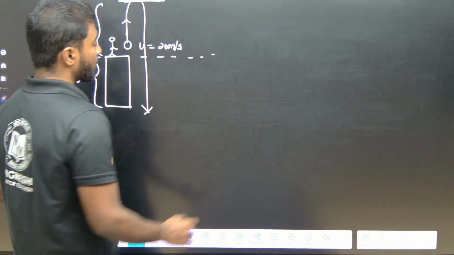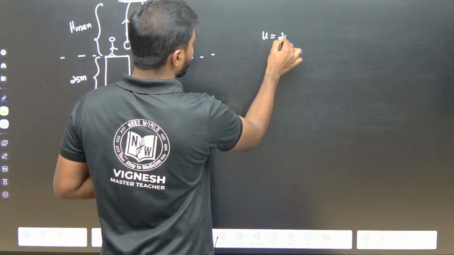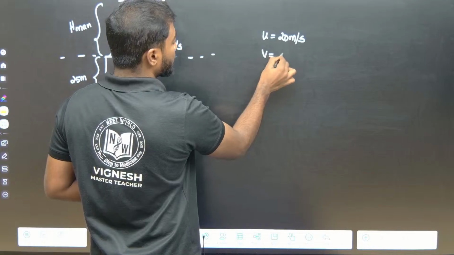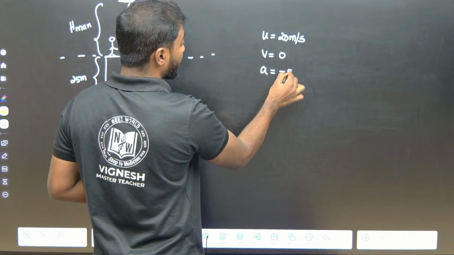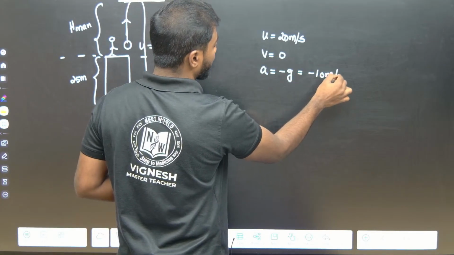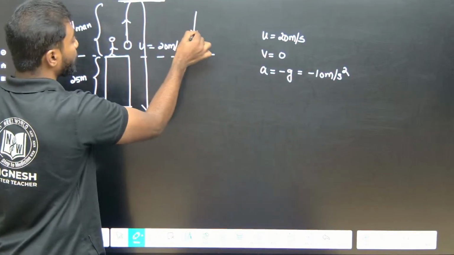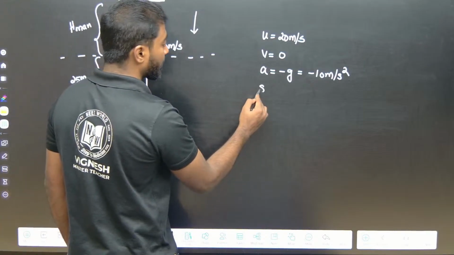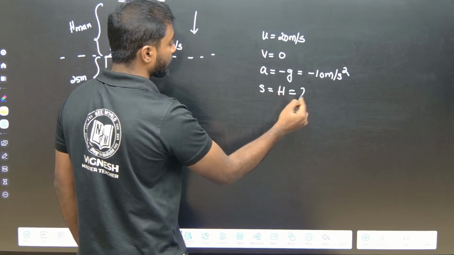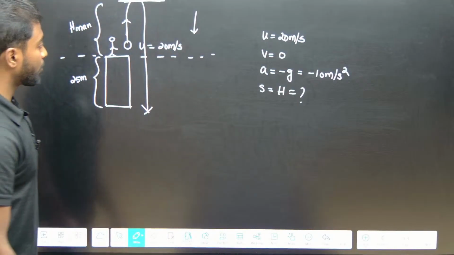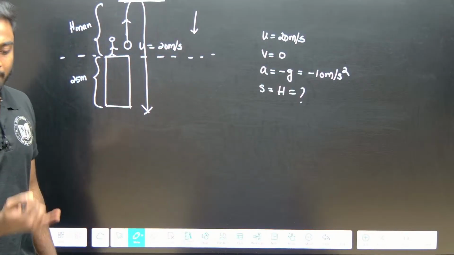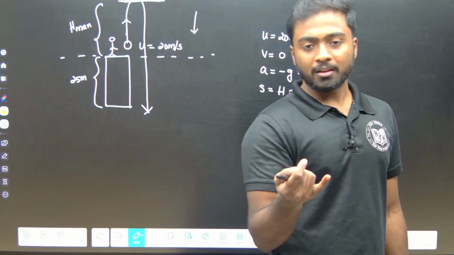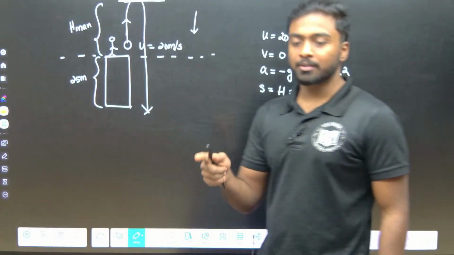u is equal to 20 meter per second, v is equal to 0, a is equal to minus g, which is minus 10 meter per second square. Why minus? Because I am throwing the ball against gravity. I need to find the displacement, that is the height. Which equation can we use? v equals u plus at: in that I can't find H. So v square minus u square equals 2as. Yes, I can use this.